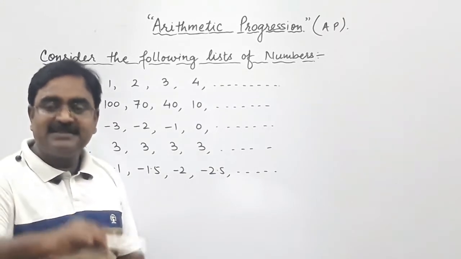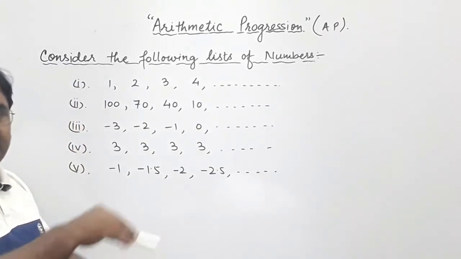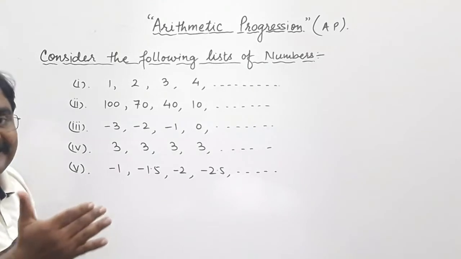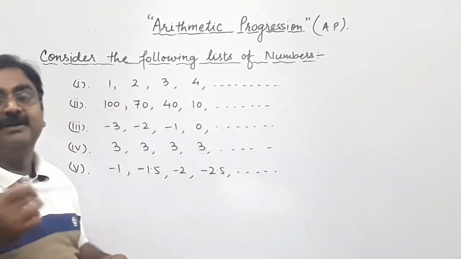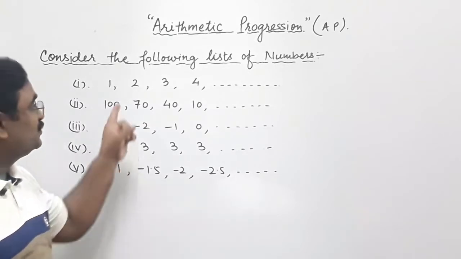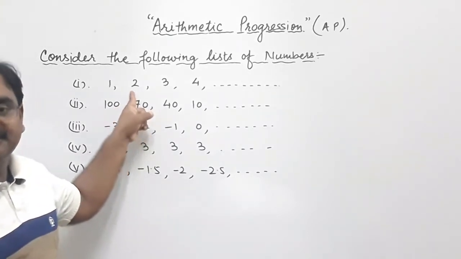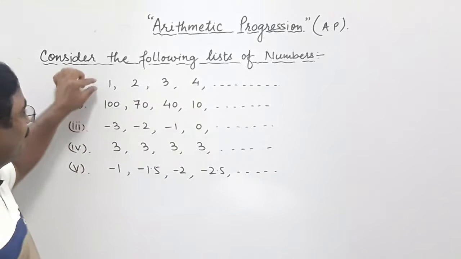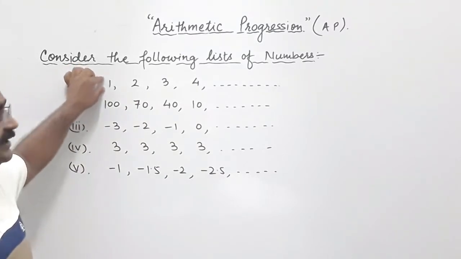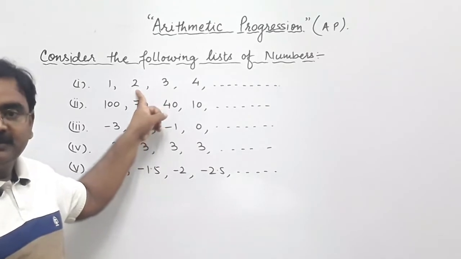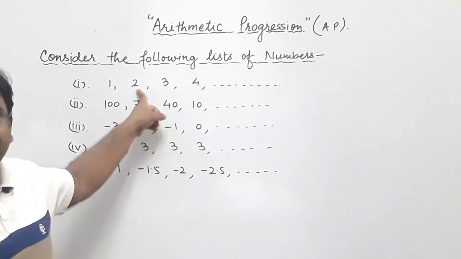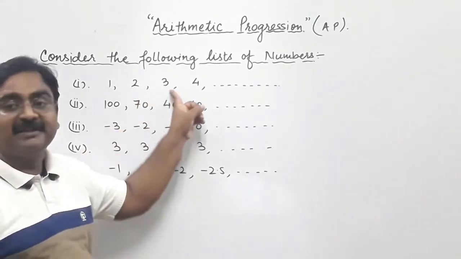So as 1 is added to its preceding term, we will get the next term. Suppose after 1, when you add 1, 1 plus 1 is 2, we will get the next number. Suppose this is the preceding term 2, इसमें हमने क्या ऐड किया? Plus 1 किया. So we will get 3.